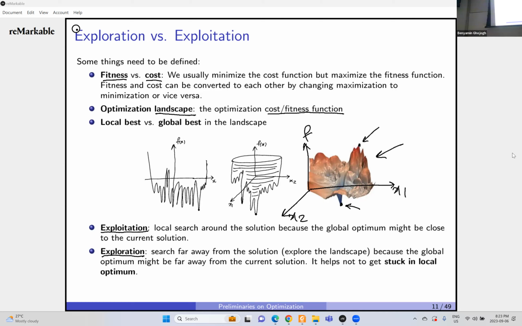I call it local best because it might be local minimum or local maximum depending on whether it's minimization or maximization. So you will get stuck in your local best. What if you have a better solution somewhere else in the landscape, but you never see that because you're only exploiting. What happens if you do too much exploration? What happens?